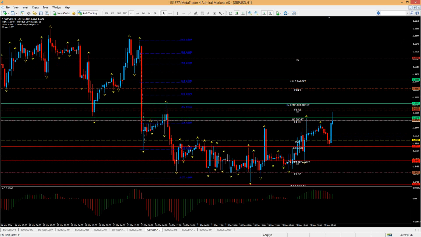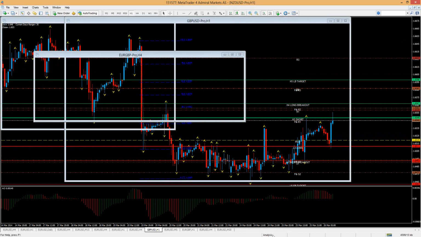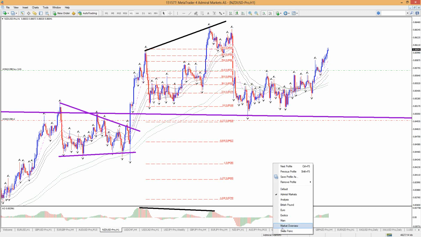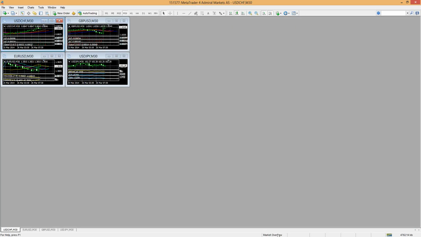Let's move back and talk about reversal trading on other pairs. Now I'm going to use the moving averages to trade reversals, to have an idea of reversals today.